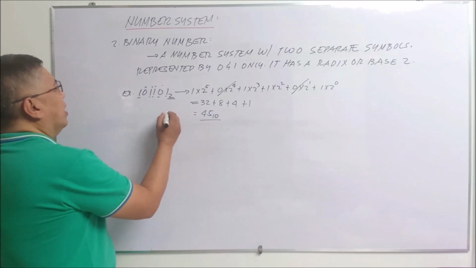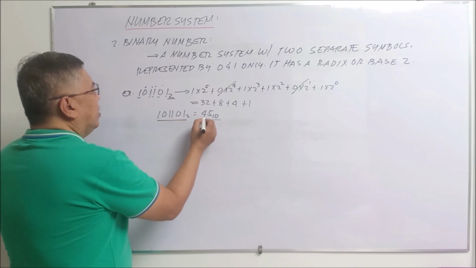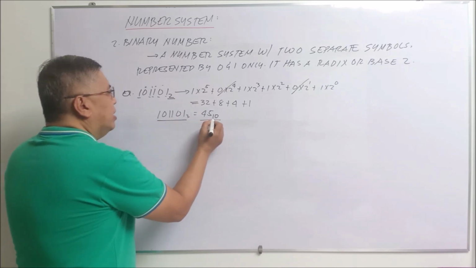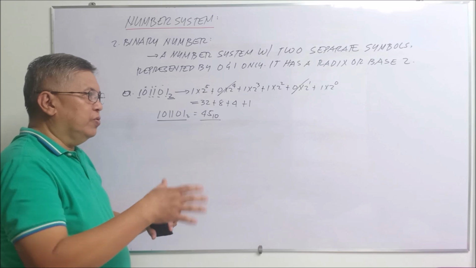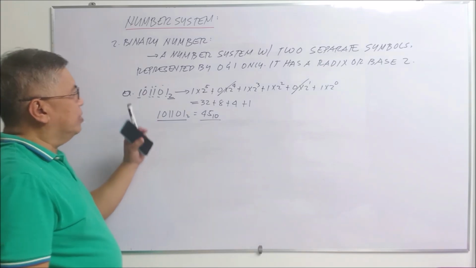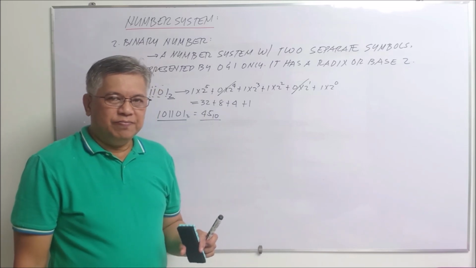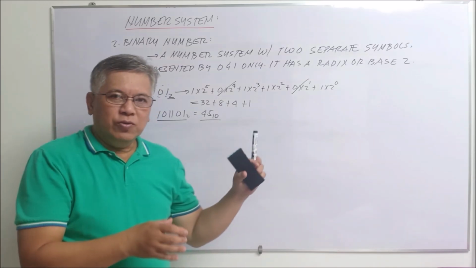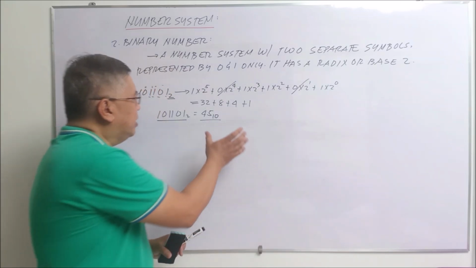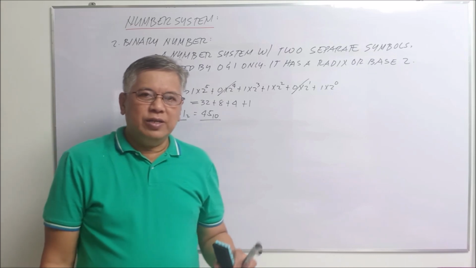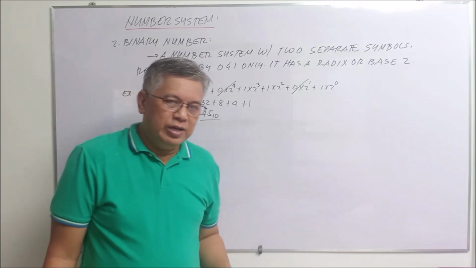So they are equal, but this one is in base 2 and this one is in base 10. So, just to tell you in advance, any number system, once positional notation is obtained, becomes base 10. More or less, it is a conversion from any number system to base 10, because base 10 is your reference number system in using positional notation.